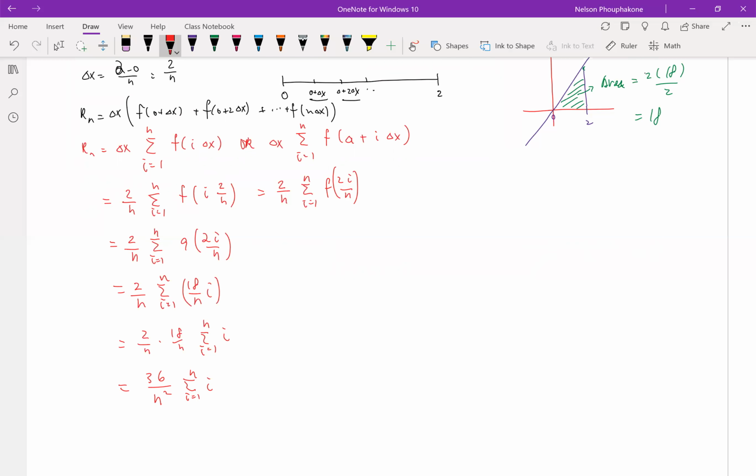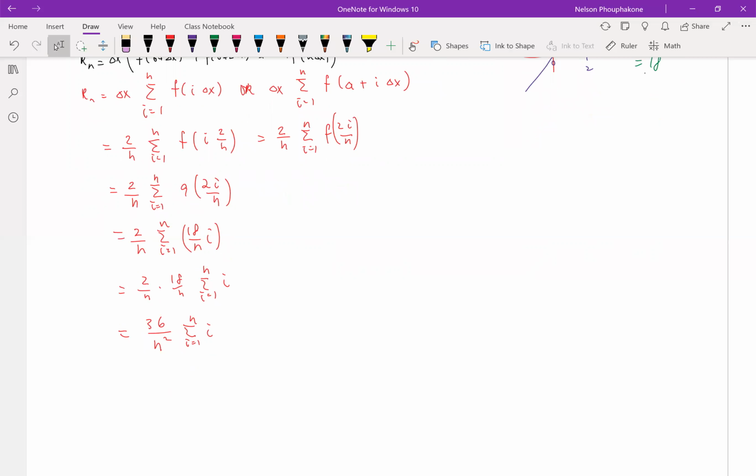Okay, so now remember from the last video, we know that the summation i from 1 to n of i is n squared over 2 plus n over 2. Right? Okay, now this is what we are looking for then.